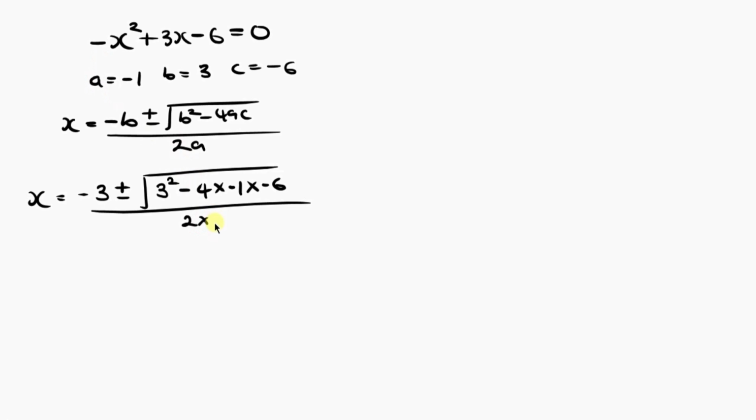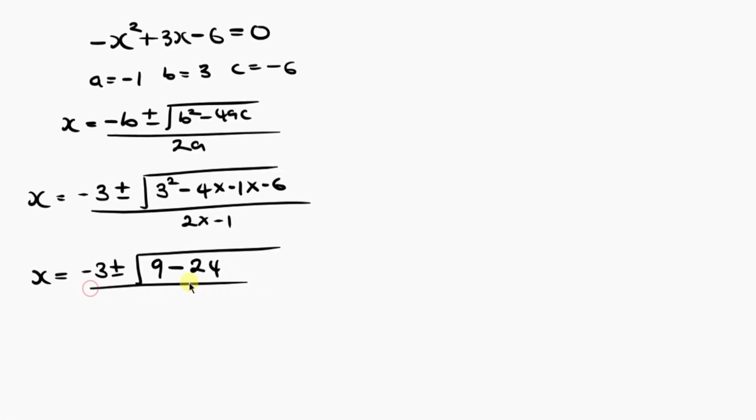A is negative 1. So s will be equal to negative 3 plus or minus the square root of 3 squared is 9, right? Cool. Minus 4 times minus 1 will give you minus 4, right? So minus 4 times minus 6 gives you 24. So let's put a 24 there.